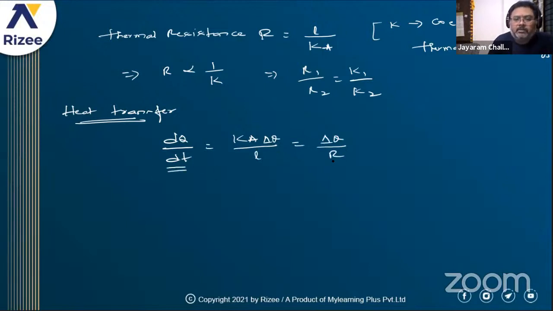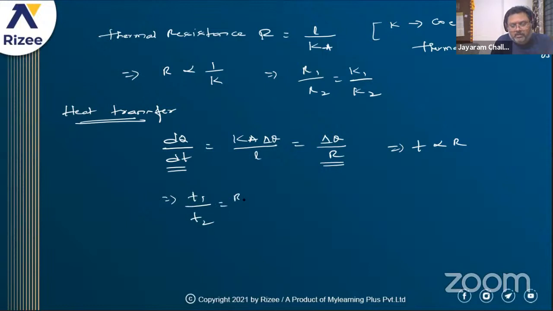From this, all other quantities are the same, which means time T is proportional to the thermal resistance. Since T is proportional to the thermal resistance, we can say that T1 by T2 will be equal to R1 by R2.